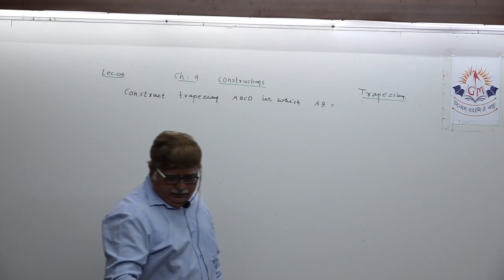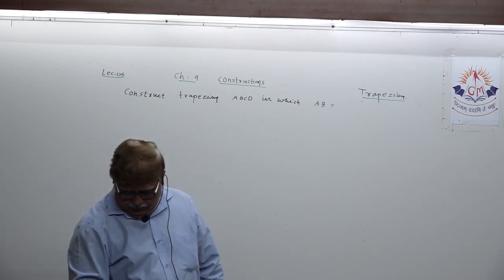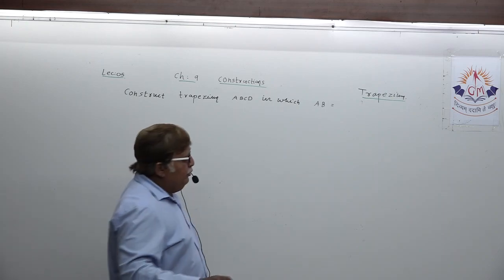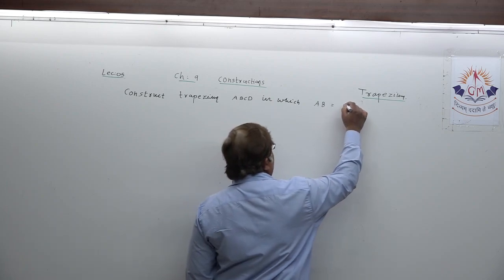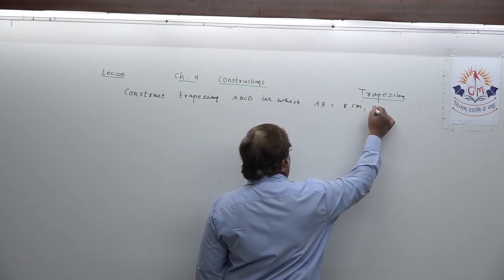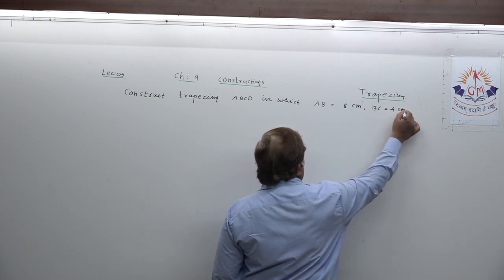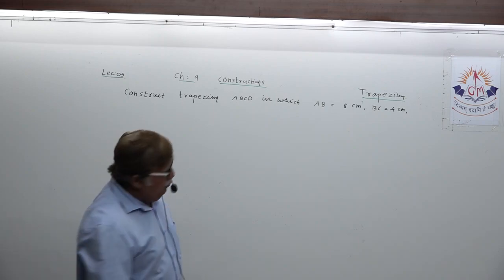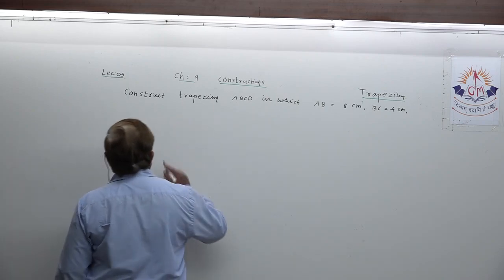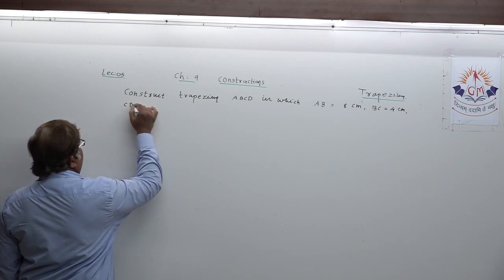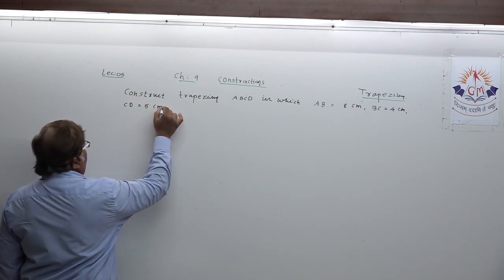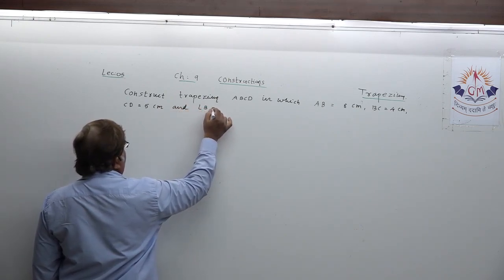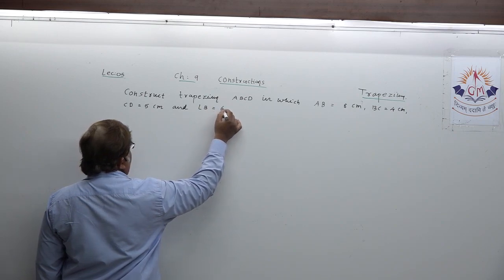Okay, let me write these steps. AB equal to 8 centimeter, BC equal to 4 centimeter, CD equal to 5 centimeter, and angle B equal to 60 degrees.